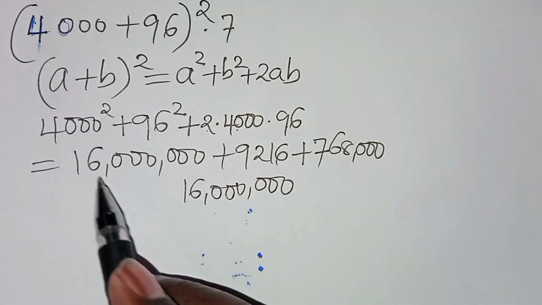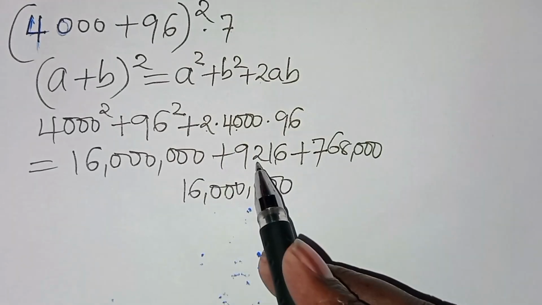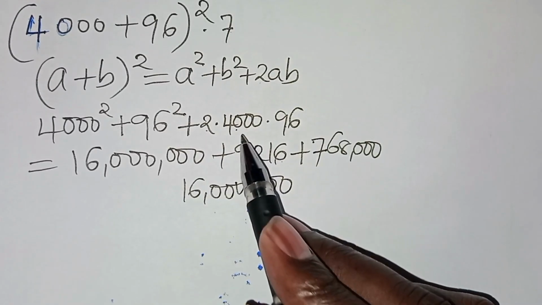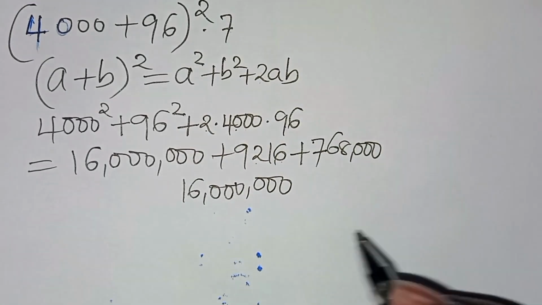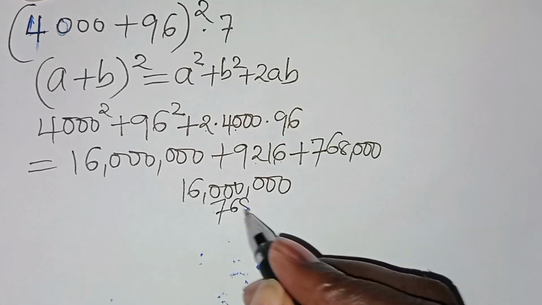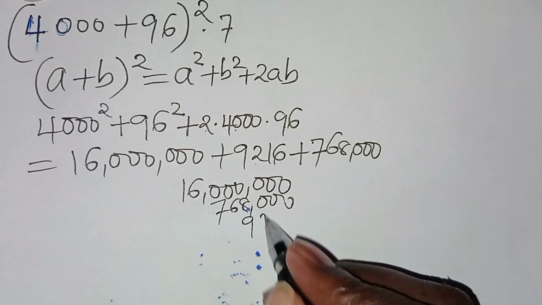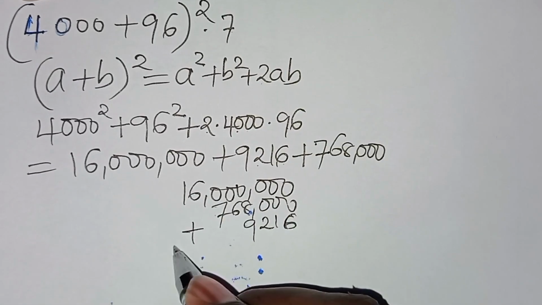So we have 4,000 squared, this is 16 million, plus 96 squared, which is 9216, plus 2 times 4,000, which is 8,000, times 96, which is 768,000. So we'll have 16 million plus 768,000 plus 9216. Let's add this.